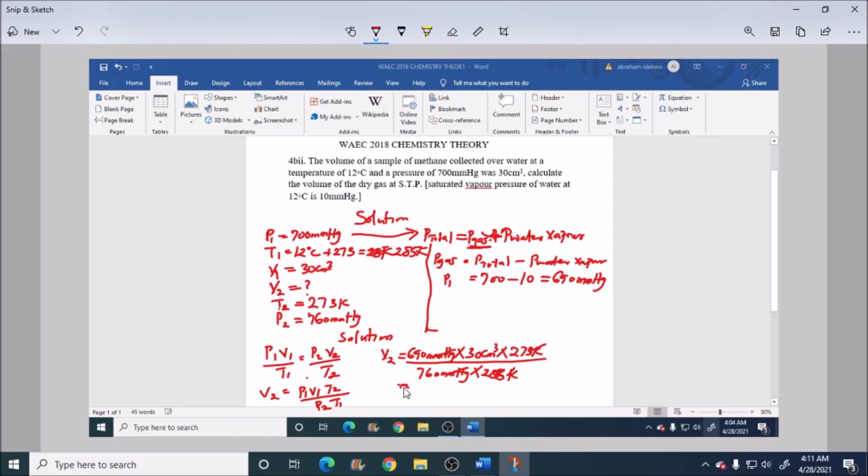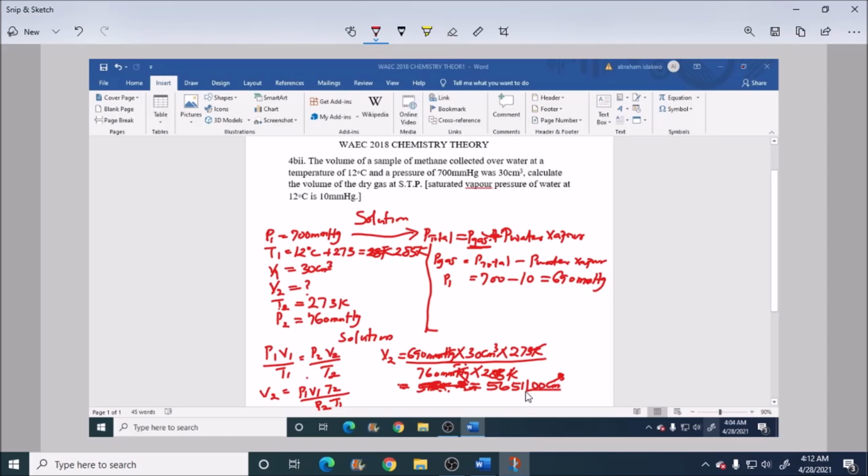Then our V2 is equal to, when we multiply 690 by 30 by 273, the numerator will be 5,651,100 centimeter cube.